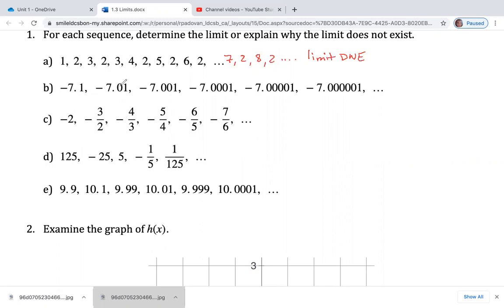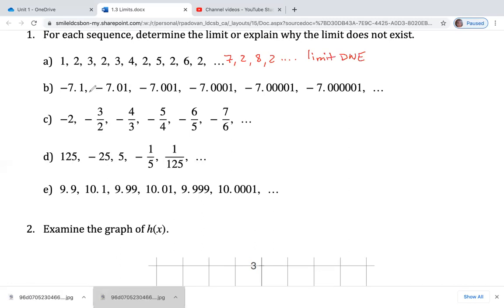So if I were to take a look at B, -7.1, -7.01, -7.001, and I'm adding an additional 0 every single time. Am I starting to slowly narrow in on one number? Is it focusing in? Am I getting closer to one value?